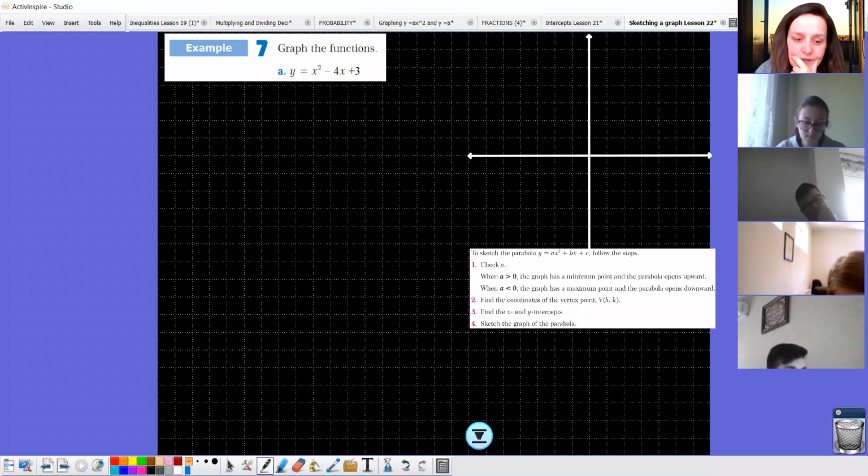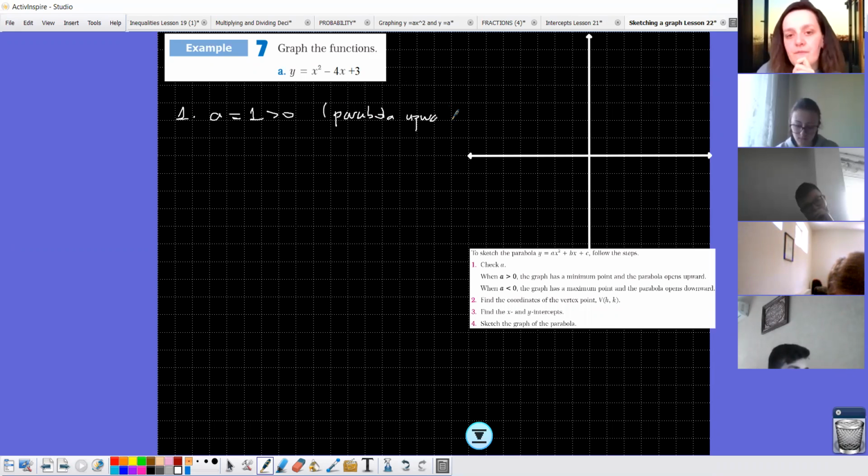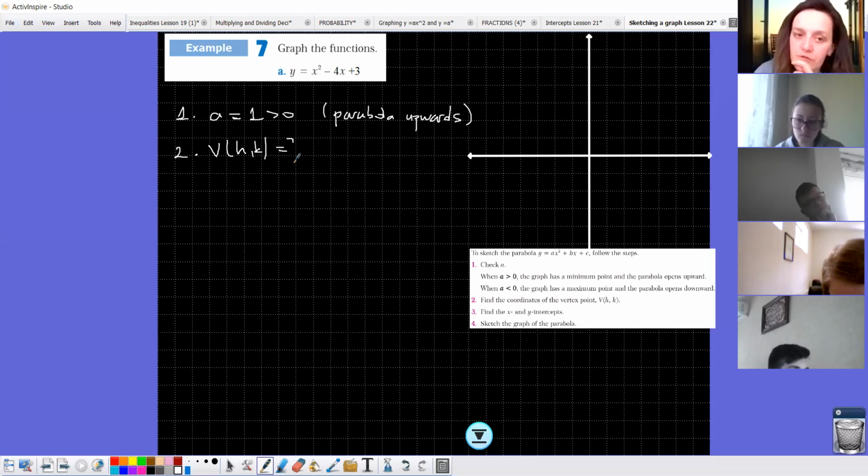Now let's see. Our function is y is equal to x squared minus 4x plus 3. So first step, a is equal to 1, so it is positive. Our parabola will be upwards. Okay? Second step, vertex. Vertex is h and k. We need to find the vertex point.